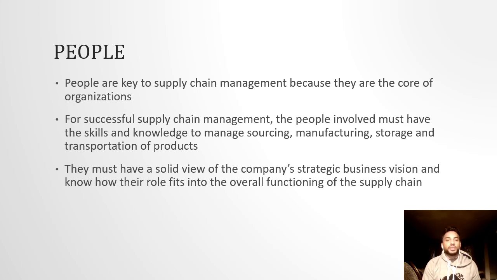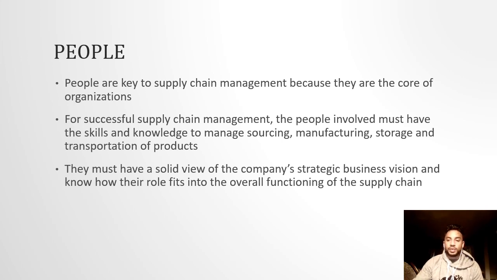You have to have the right people who have the skills and the resources and the product knowledge and know how to transport the products and store the products, and they have to have a view of the company's strategic business vision. They need to know their role and how it fits in the overall supply chain. They need to be good at all these things in order for a company to be successful on a global supply chain level.